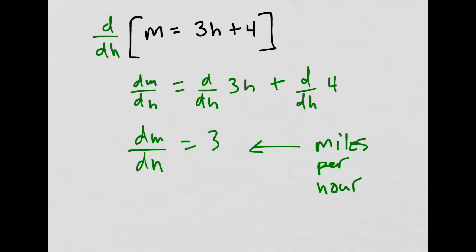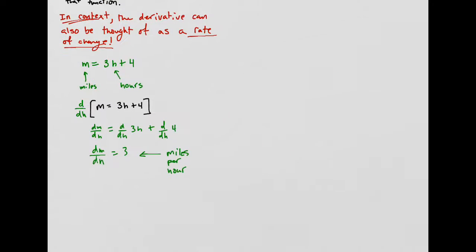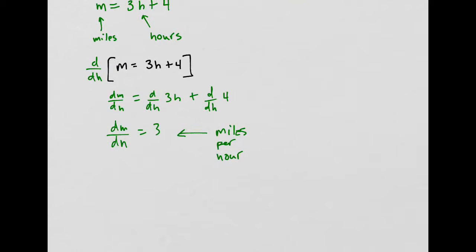So the way that we're going to think of the derivative in the context of our problems is the change in this variable, the change in the miles, with respect to the change of 1 unit in the other variable. So it's the change of the dependent variable with respect to the independent variable. But that's a lot of words that don't really make sense.